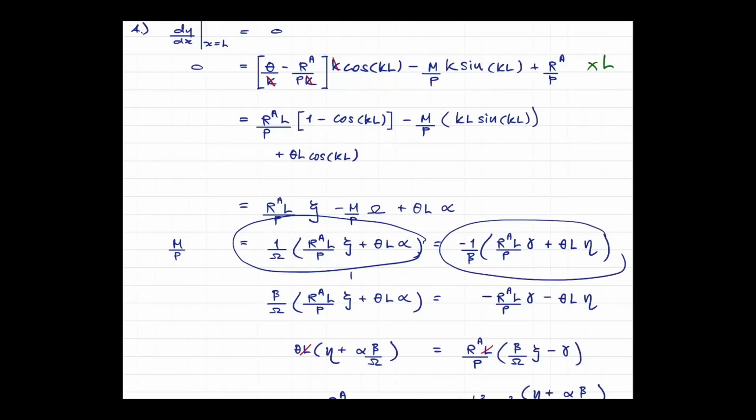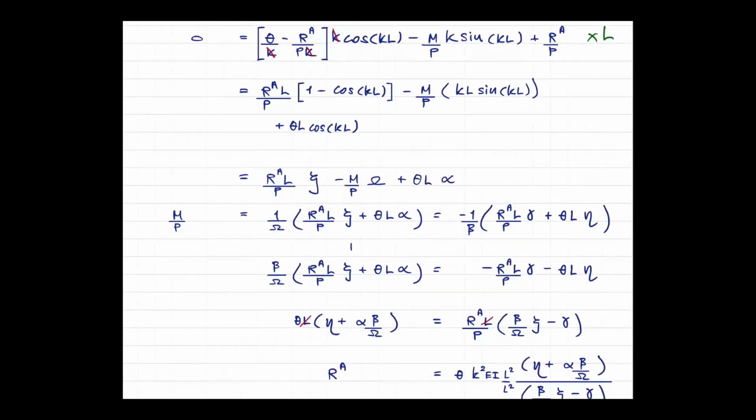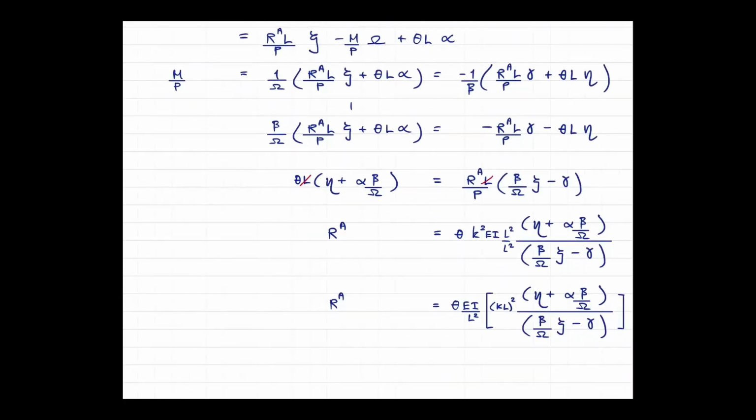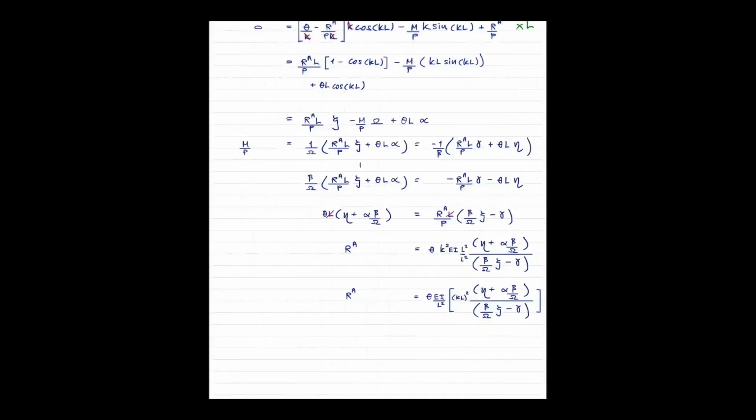Whichever you want, you can select just one, but both of them will bring you to the same destination. I will pick the first one: M over P is equal to 1 over omega and so on. I'll copy this.